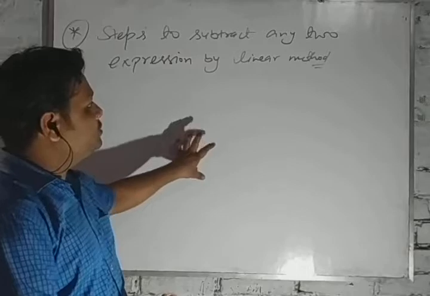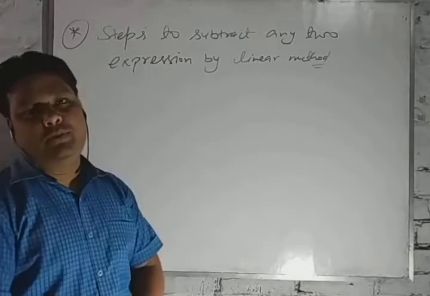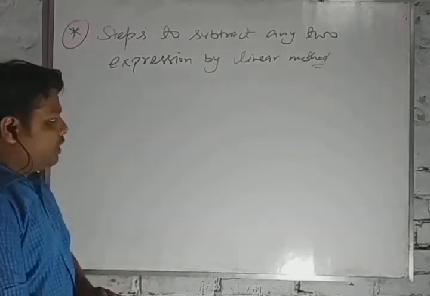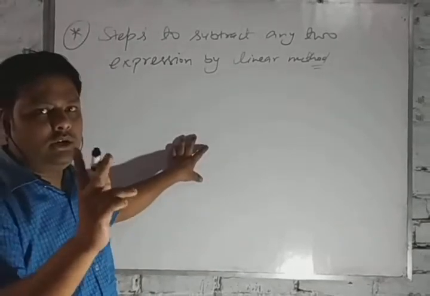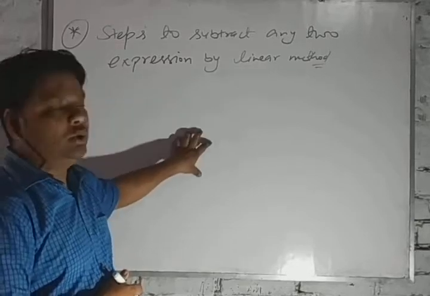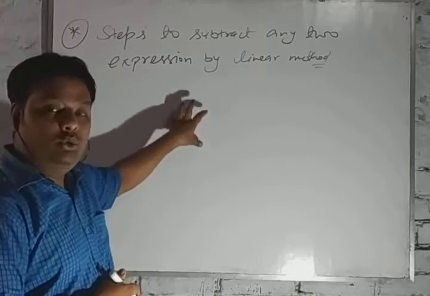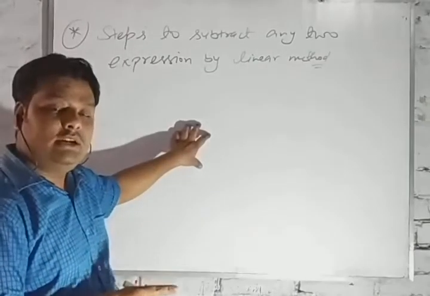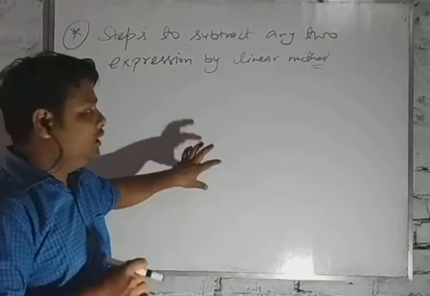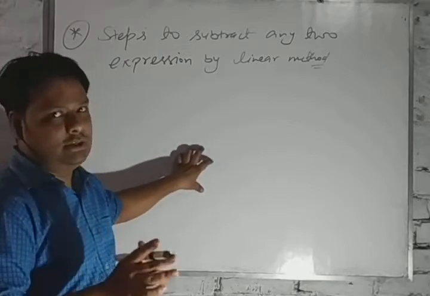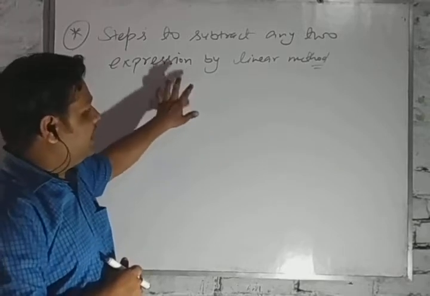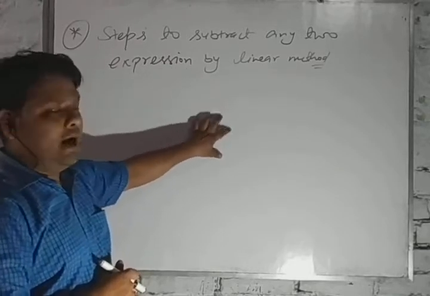But you can solve more than two expressions by the linear method. Okay? Because at one time you have to write only two expressions. You cannot write more than two expressions in subtraction. You can write more than two expressions in addition, but you cannot write more than two expressions in subtraction by the column method. Okay? But you can write more than two expressions by the linear method.